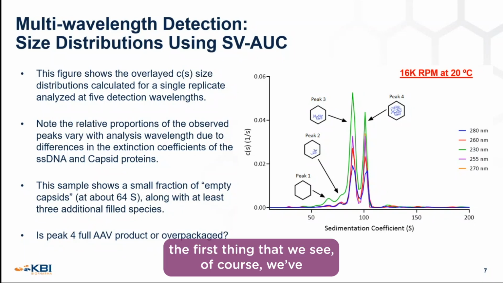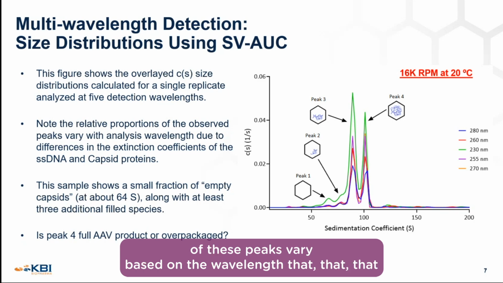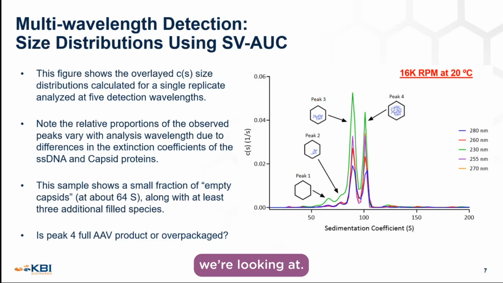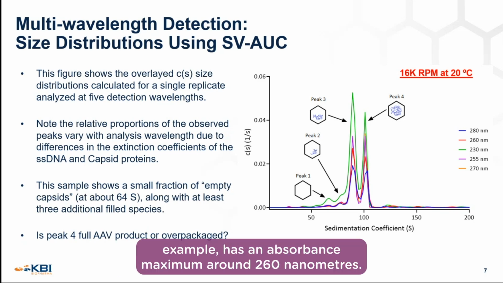The first thing that we see, of course, we've analyzed this over a range of wavelengths, and we see that the relative proportions of these peaks vary based on the wavelength that we're looking at. And this makes sense because, as I'm sure we all know, DNA, for example, has an absorbance maximum around 260 nanometers.